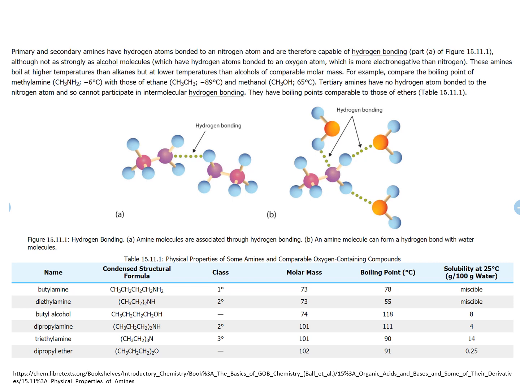So if you look at this slide, we can compare primary amine, then secondary amine, and the third one is alcohol. You can see that if we have the same molar mass, we have different boiling points.